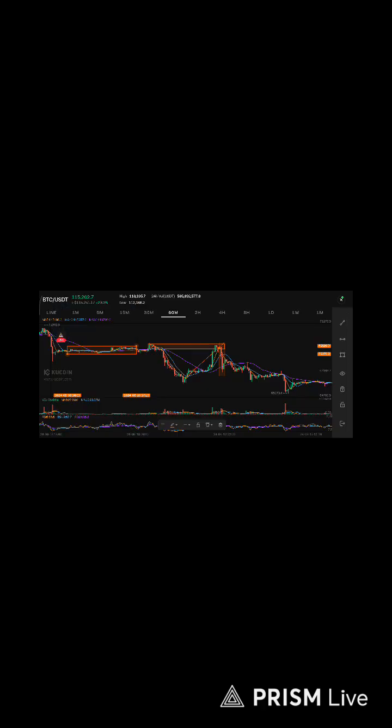So that's it. What again? I've explained the bullish engulfing candle for you, and let me use the chart so that you can understand it well.